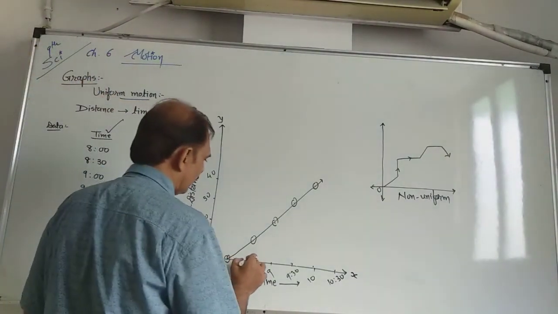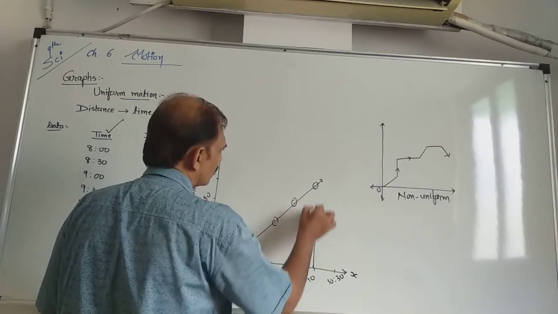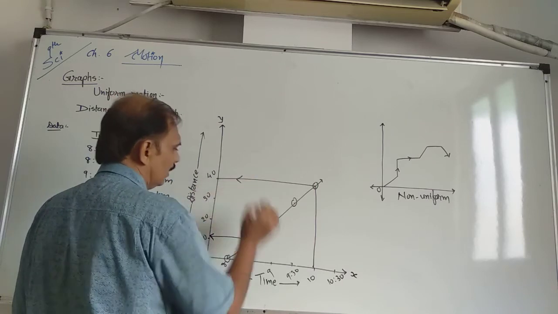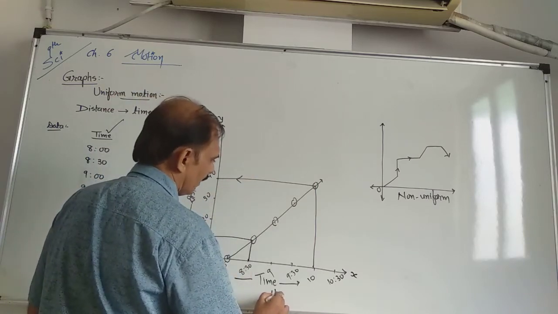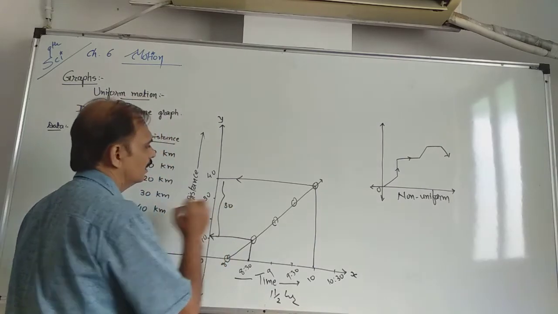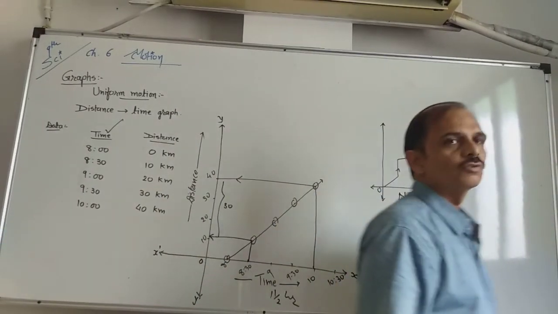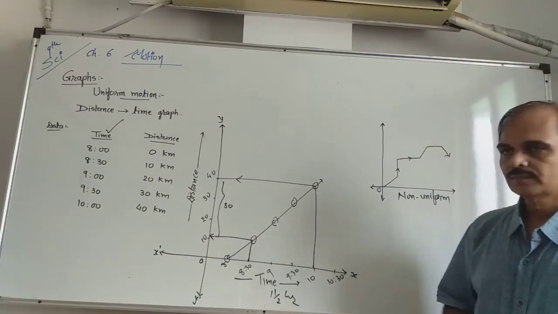For example, at 8:30 it covers 10 kilometer and at 10 o'clock it covers 40 kilometer. In this one and a half hours, the distance covered is 30 kilometer, 40 minus 10. So in this way also you can find out.